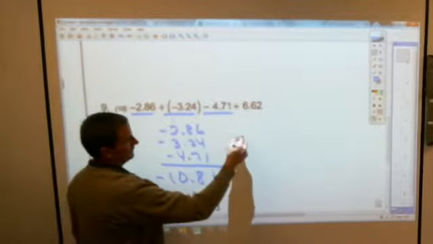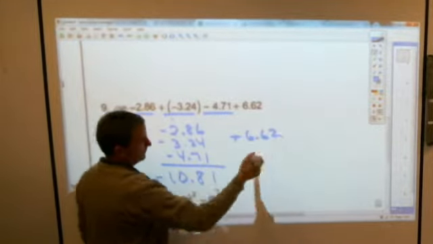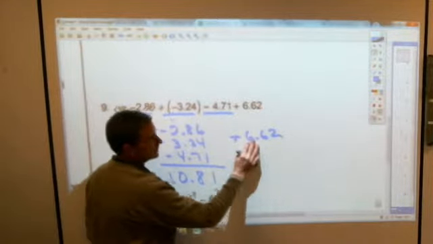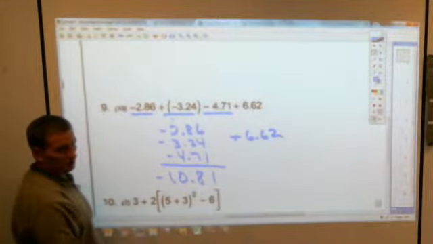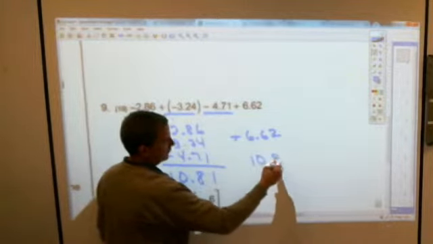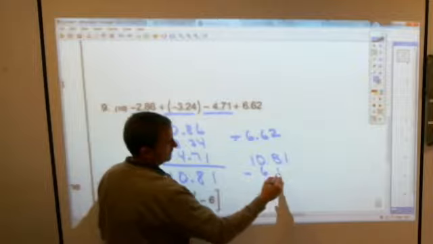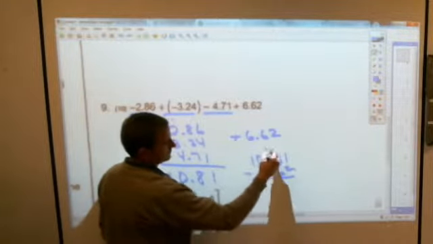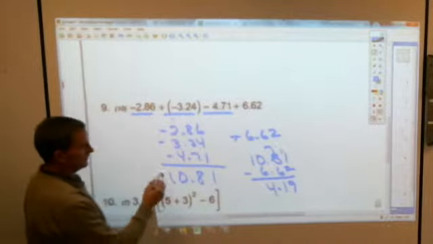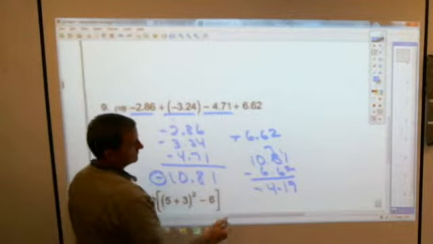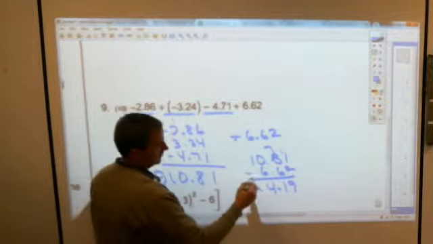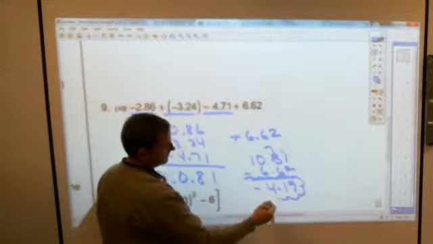Okay, and this is how much you have to the good. If you owe somebody $10.81 and you have $6.62, to figure out how much you still owe them, you have to subtract those two amounts. 10.81 minus 6.62, 4.19, and that's going to be negative. Was that what the answer was? Yes.